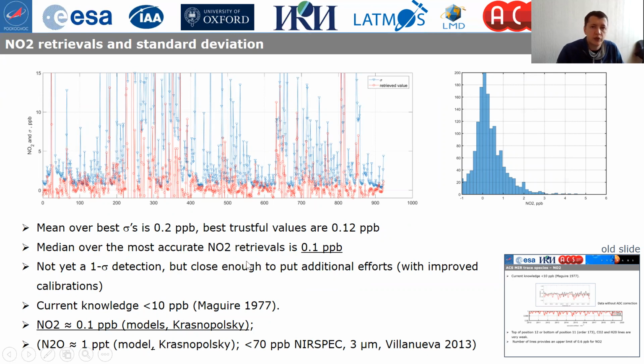What we are measuring right now is also very noisy, so we cannot say that we have a detection, but we have quite nicely fitted spectra, and we're getting there. The median value of the most accurate retrievals is actually 0.1 ppb, the same as expected. Now we are putting additional effort in calibrations, mostly in co-adding things, to get a good detection, and by that we could then publish this result.